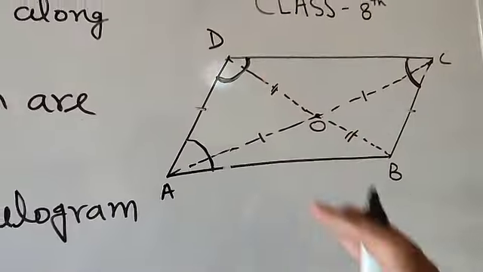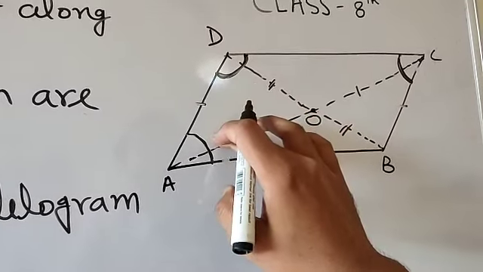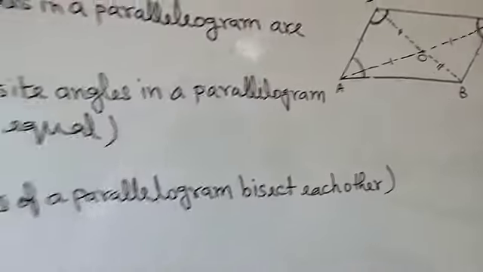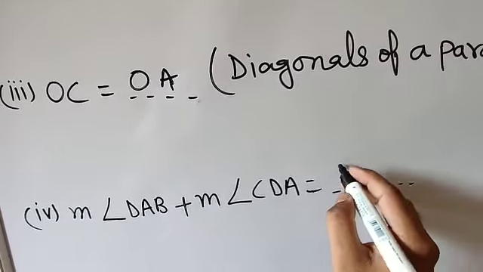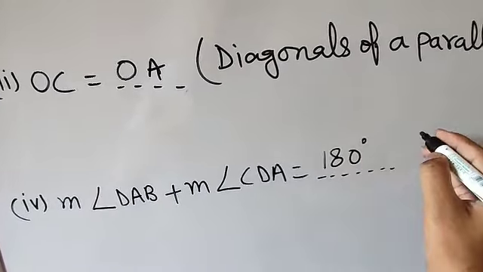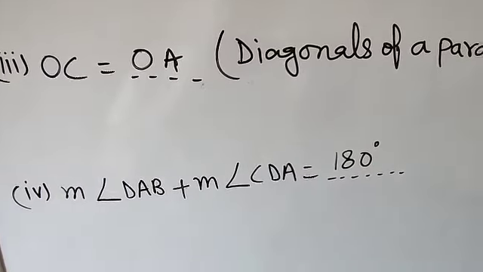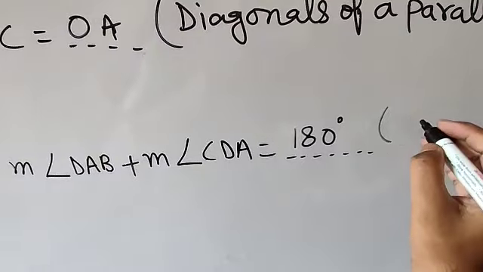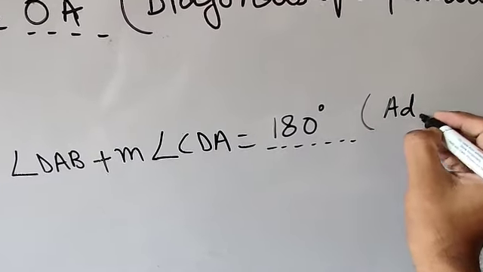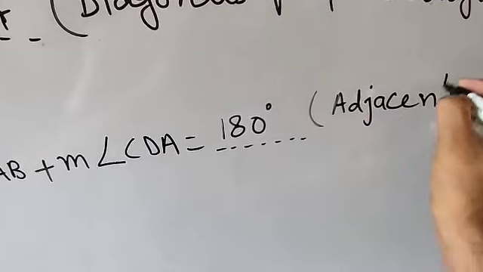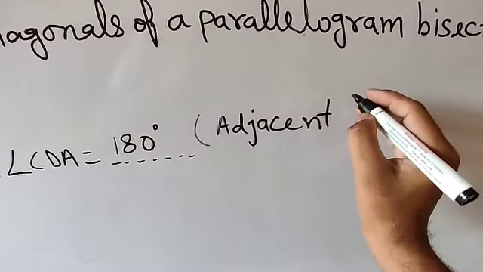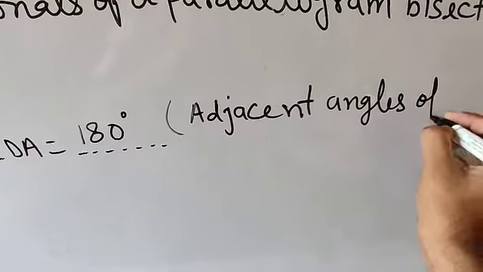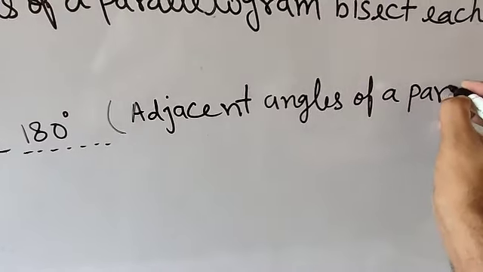One property is there, the sum of the adjacent angles is 180 degrees. So here the sum of these two angles will be 180 degrees. So here you can write it is equal to 180 degrees, and you can give the reason: adjacent angles of a parallelogram.